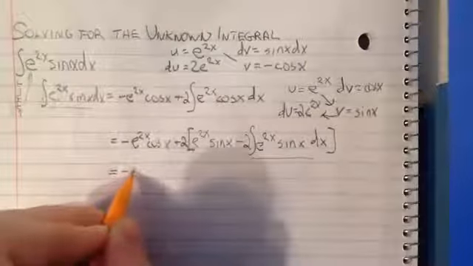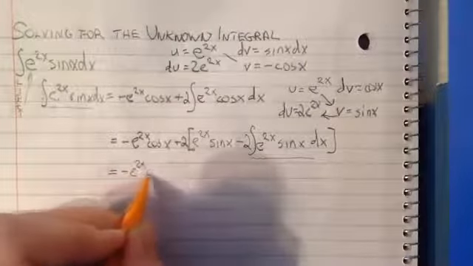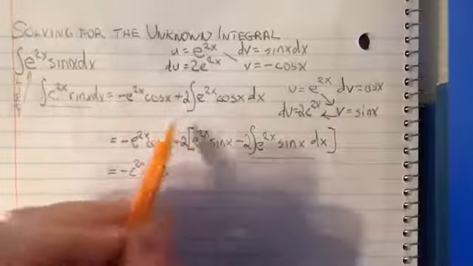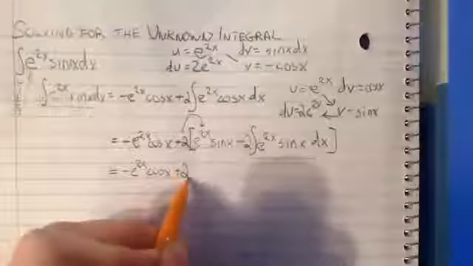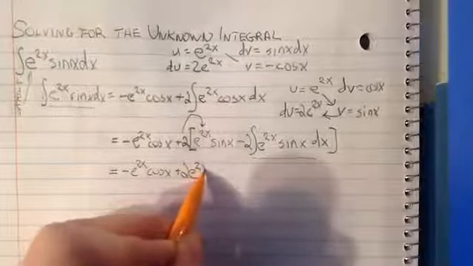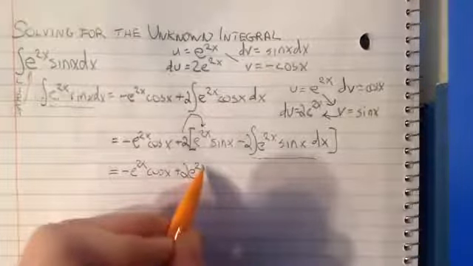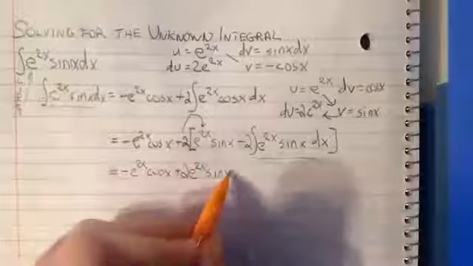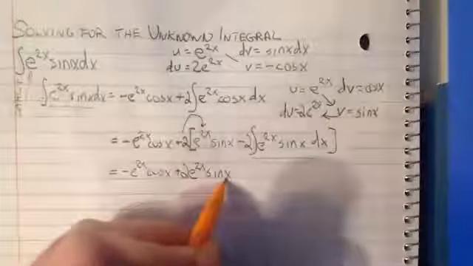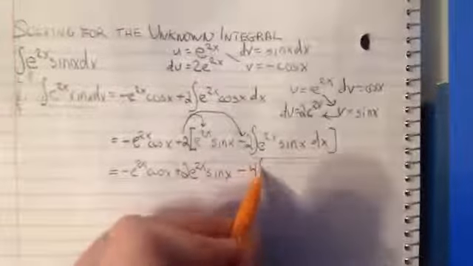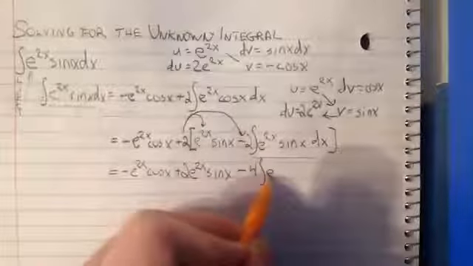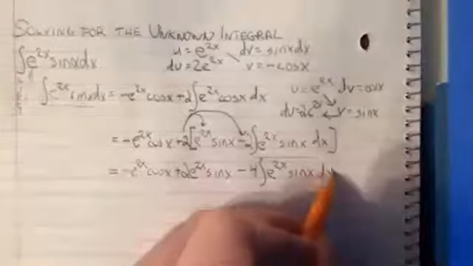So you have negative e to the 2x cosine x, and then this 2 is going to distribute, and you get 2e to the 2x sine x, and then minus 4 times the integral of e to the 2x sine x dx.